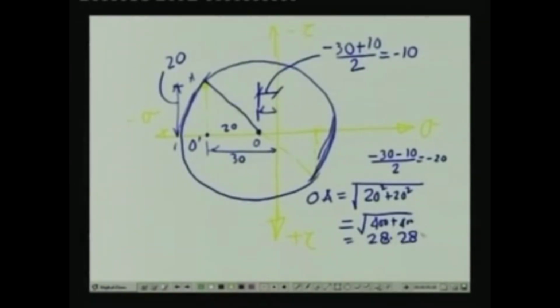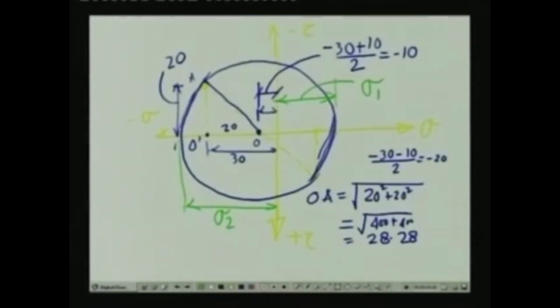Now, 28.28 is the distance OA. Now, we are going to evaluate the principal stresses. This is the maximum principal stress, which is sigma 1, and this is the minimum principal stress, which is sigma 2.